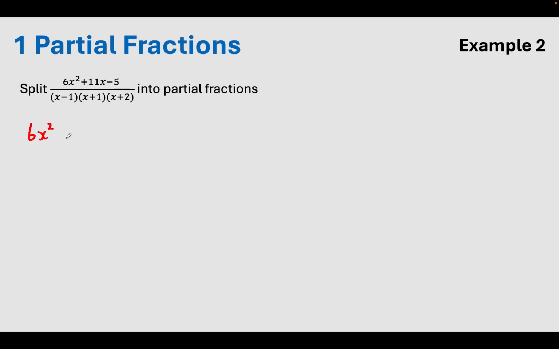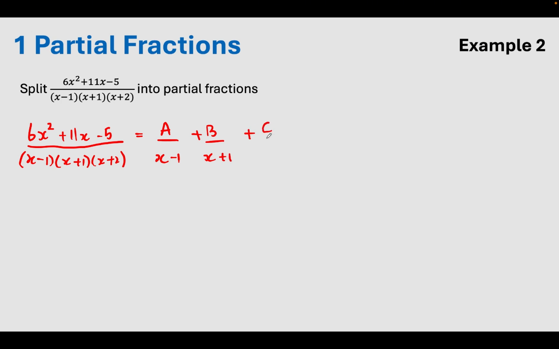So I get 6x squared plus 11x minus 5 over x minus 1, x plus 1, x plus 2. And this will just be a over x minus 1 plus b over x plus 1 plus c over x plus 2.